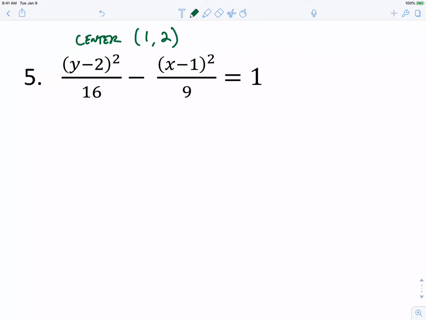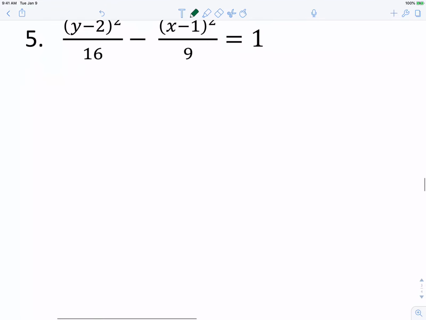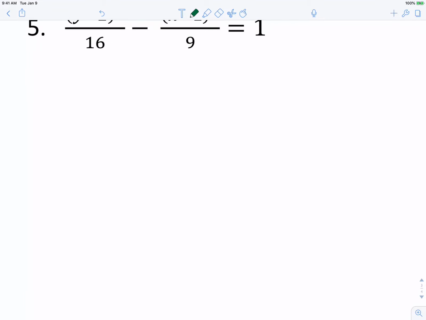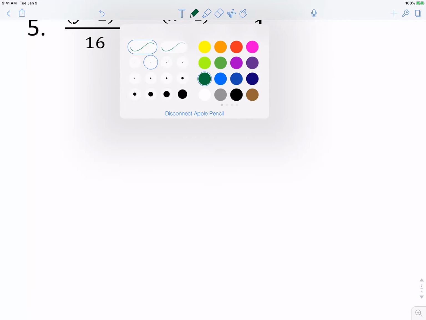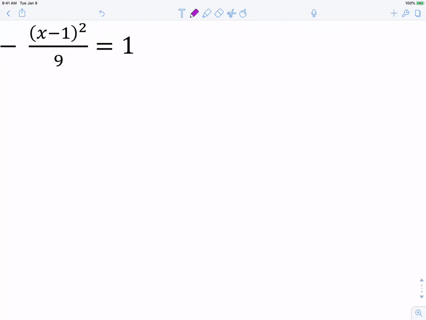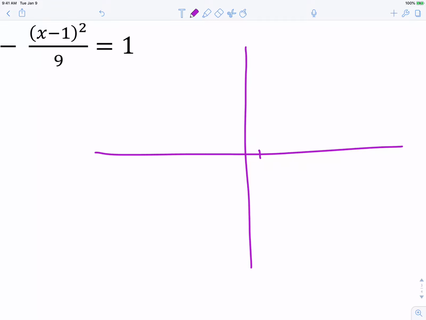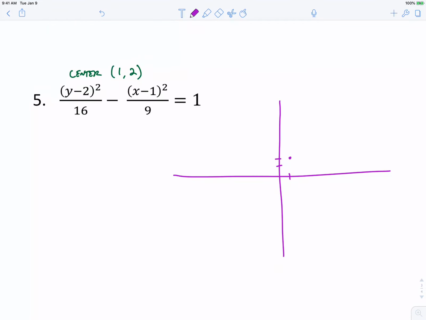Watch out for that. We like to put the positive one first, so I'm supposed to notice that that's the y, not the x. So our center is at 1, 2. I'll do this in purple. Stay consistent. There's the center, just a point of reference.